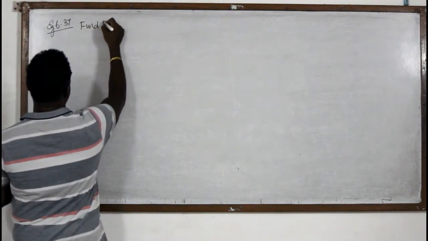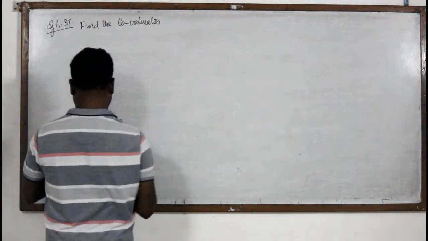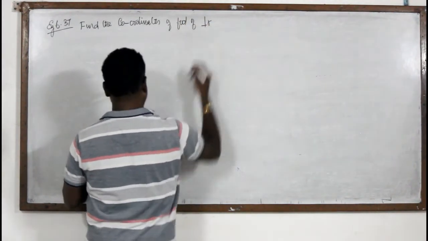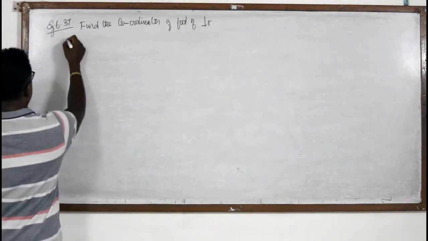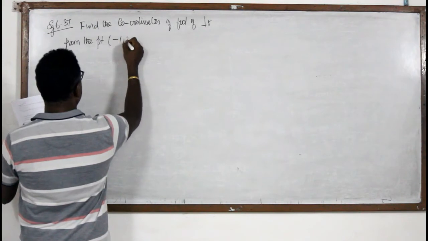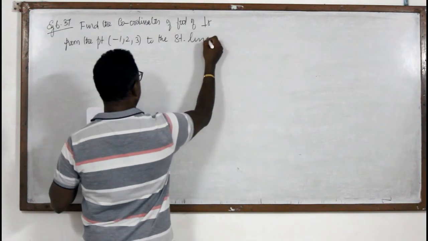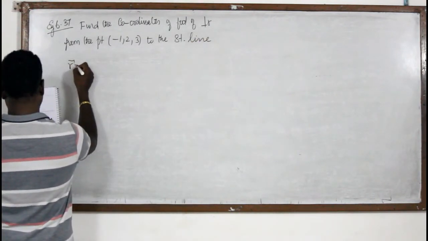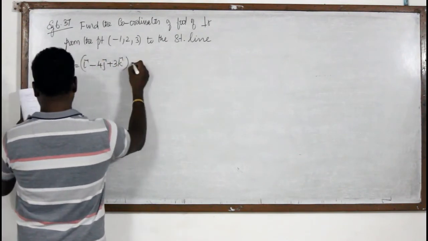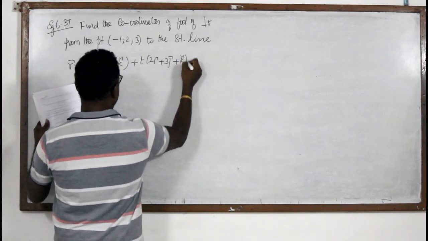Find the coordinates of the perpendicular from the point (minus 1, 2, 3) to the straight line r vector equals i minus 4j plus 3k plus t times (2i plus 3j plus k).